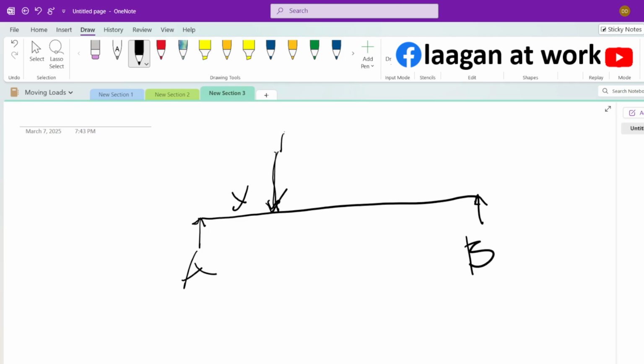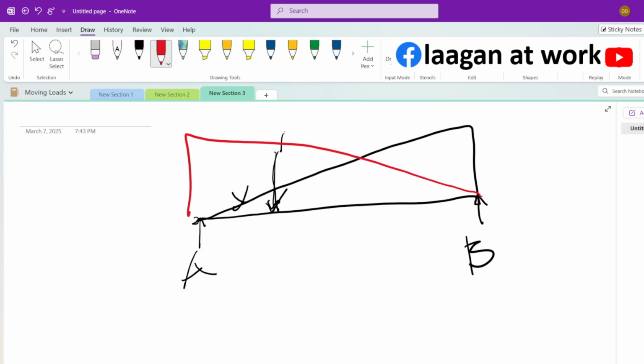For a simply supported beam, it's always a triangular section. It's either in that direction for B, and then for A it will be like that. And since it is simply supported, it is always one.